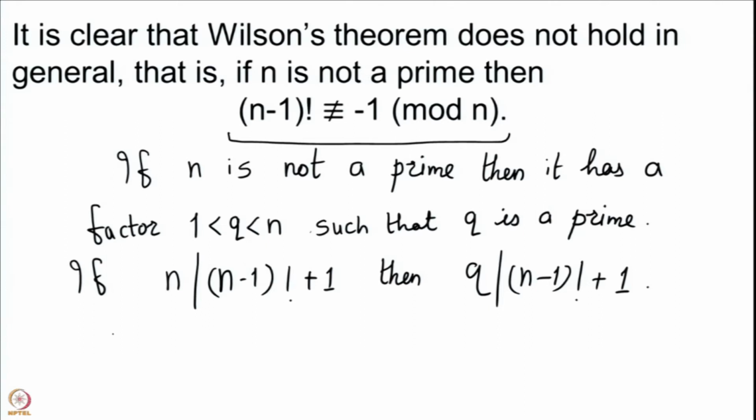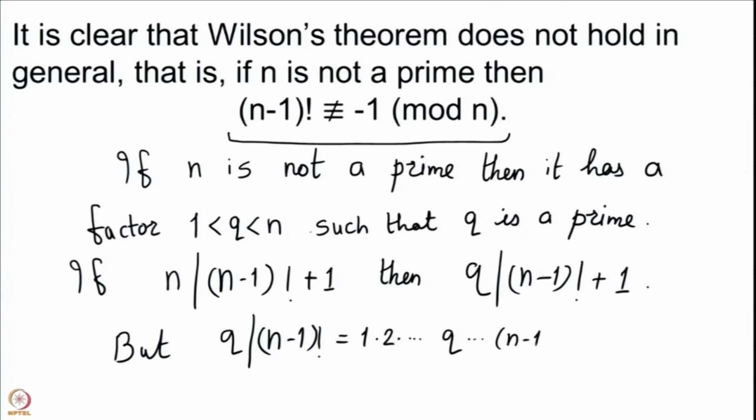But q is less than n, so q is less than or equal to n minus 1. So, you have that q also divides (n minus 1) factorial, which is 1 into 2 into dot dot dot, somewhere q will have to appear, and then you go up to n minus 1. And this is the contradiction.